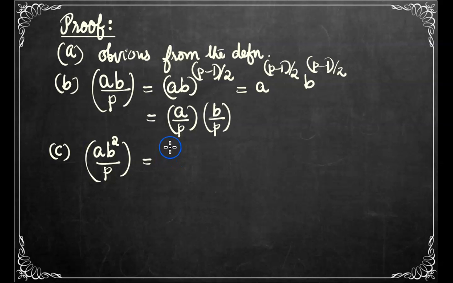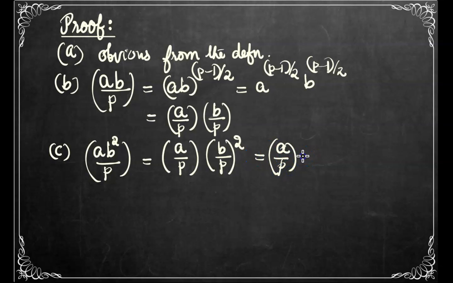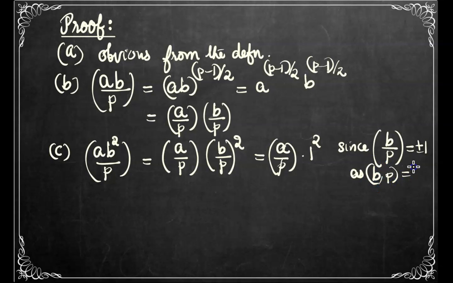Now, moving on to the third property, we need to consider (ab²/p). This can be expressed as (a/p) times ((b/p))² using the second property, and this is equal to the Legendre symbol (a/p) times 1², since (b/p) will be either plus or minus 1, as the GCD of b and p is equal to 1.